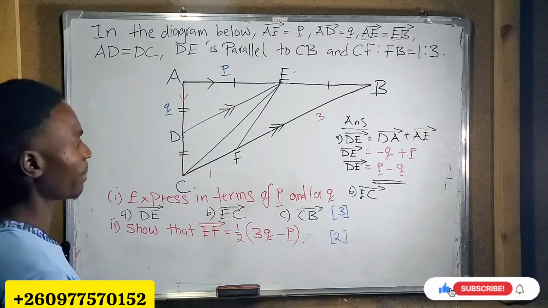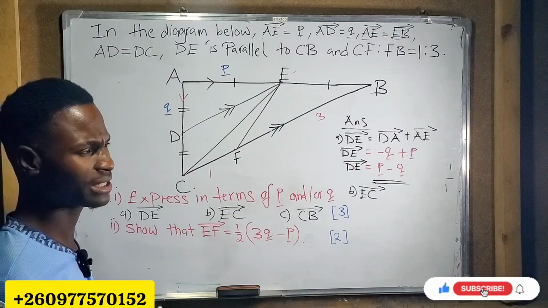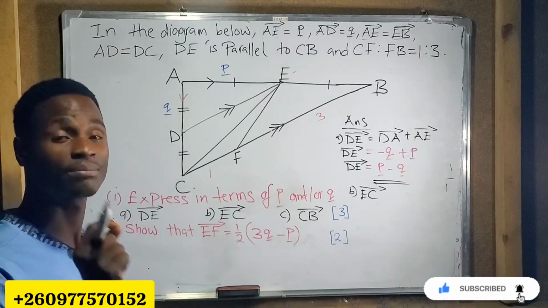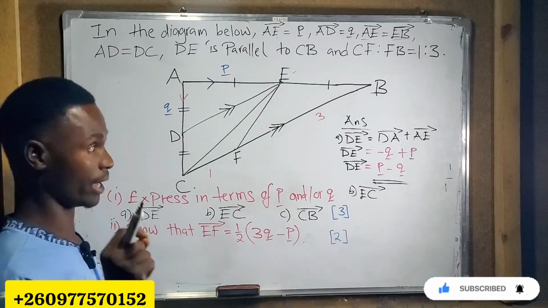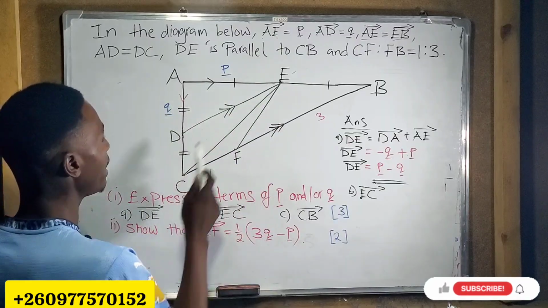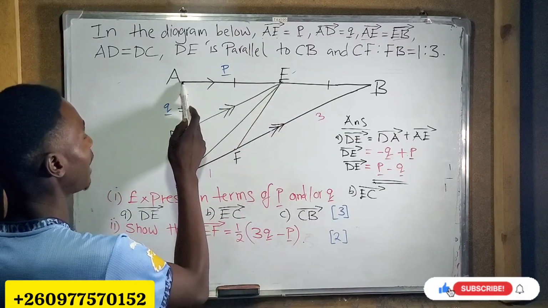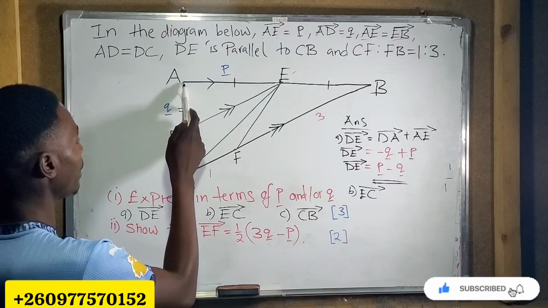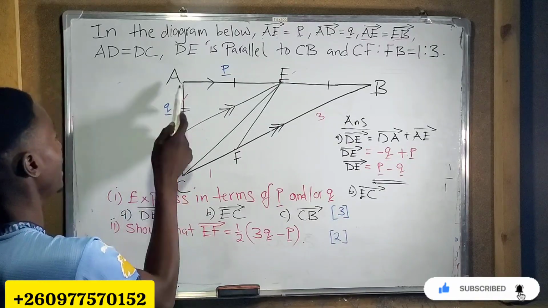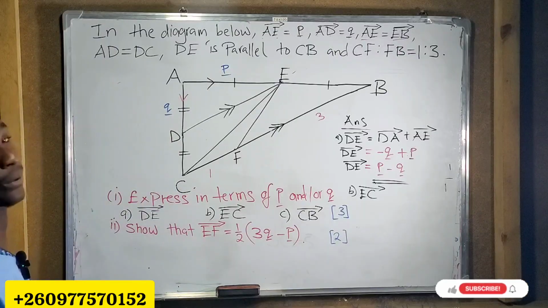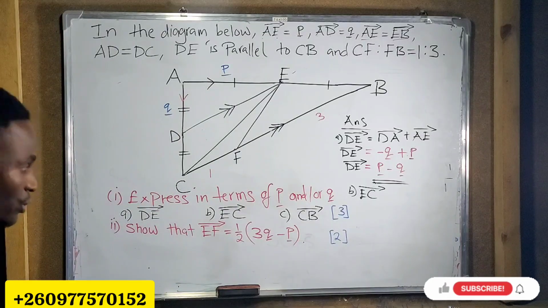What do I mean? I mean the simpler way. So we're going to use this side. Why? Because we know this vector and this vector. We know AD. We're told here that AD is equal to DC. So there is vector Q, even here there is vector Q. Are we together? Good.